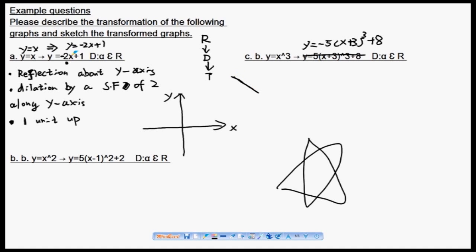So we will have a straight line in this shape, and because it starts at the origin, the dilation we can't show there.